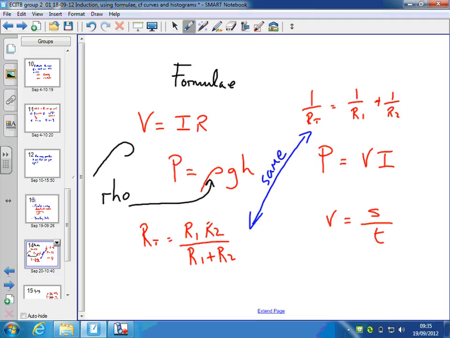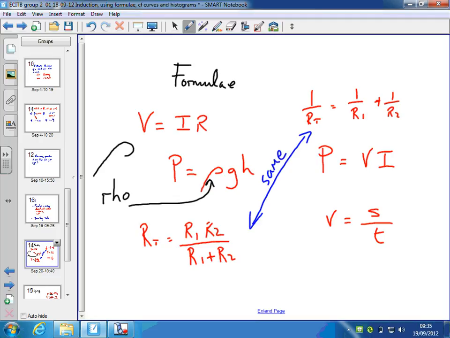G, the gravitational constant, and H, the height or the depth. So to find the pressure, it's the density times gravity times the depth in the liquid. Cameron, if I want to find the pressure, I need to know that.